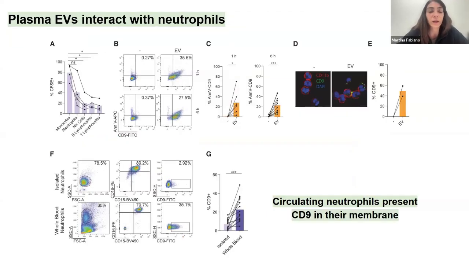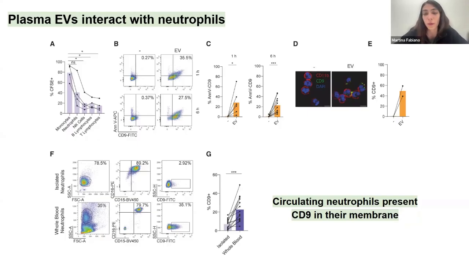Here in panel A, you can see that we stained the plasma extracellular vesicles with CFSE, and we spiked different blood samples from different healthy donors, and we analyzed by flow cytometry if there was any interaction between the CFSE-stained EVs and the different immune cells.